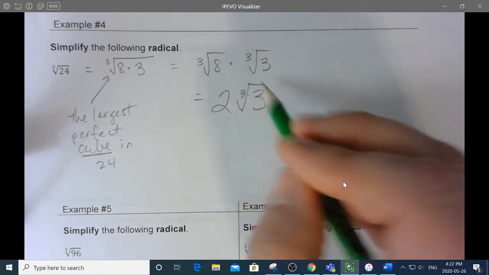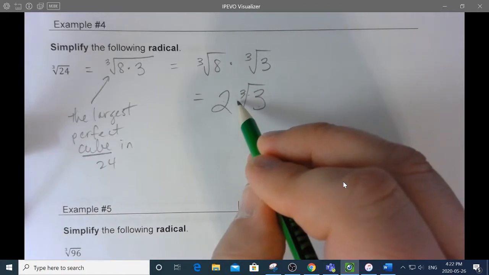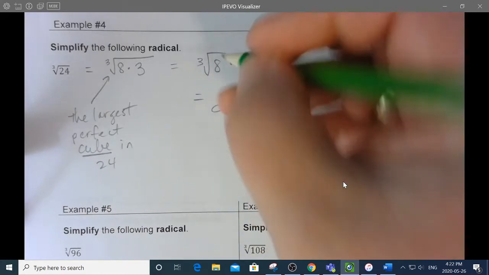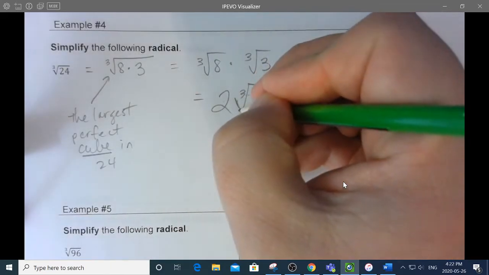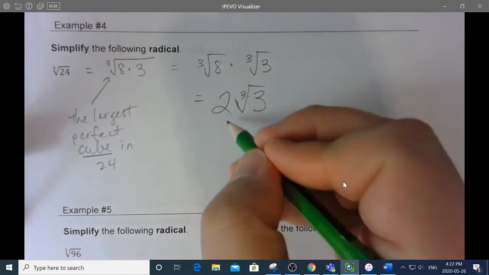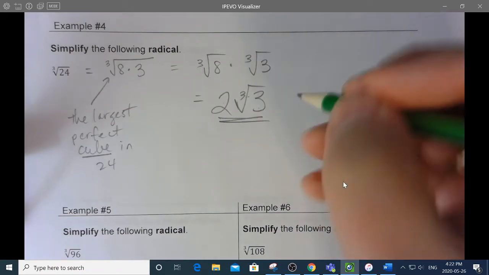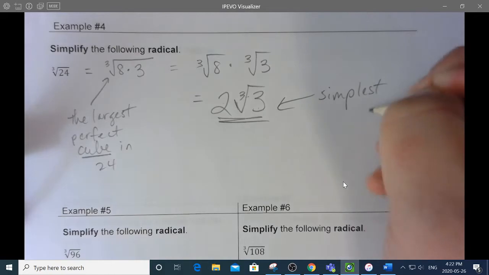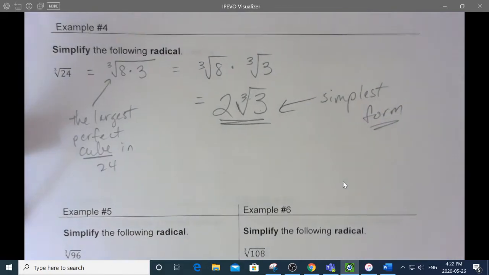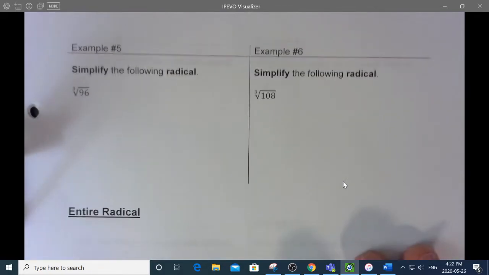It's 2 times the cube root of 3. So I make sure that my 3 is definitely to the right. Sometimes I even exaggerate that just to make sure it tucks in there. I don't put it too low though. It is supposed to be up high. So you have to be careful with the way you write. And once again, that is my simplest form.